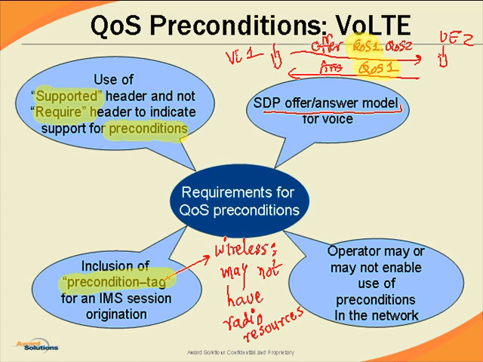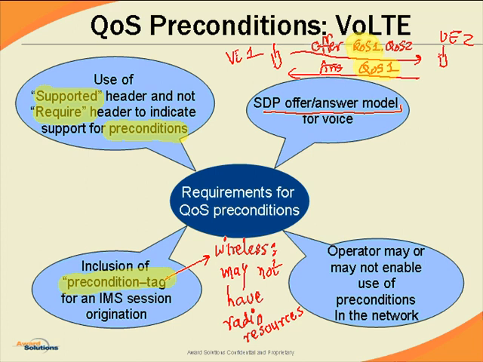So what will happen is, as part of the call setup, in the early stage itself, we will make sure that we have resources available. So before we continue spending our efforts in setting up a call, in the early stage of the call, we will make sure that we have an adequate amount of radio resources available to support the call.